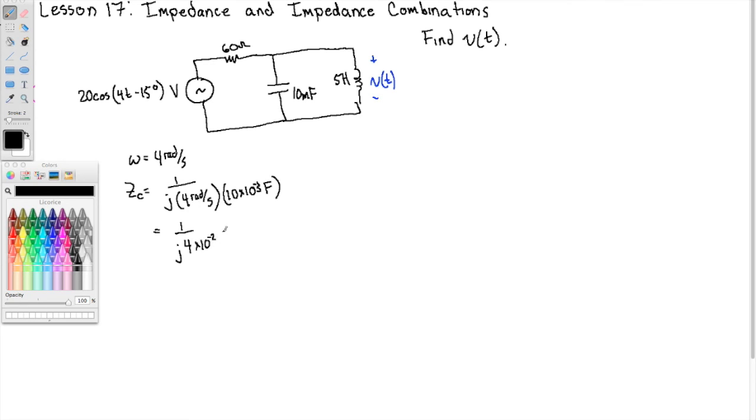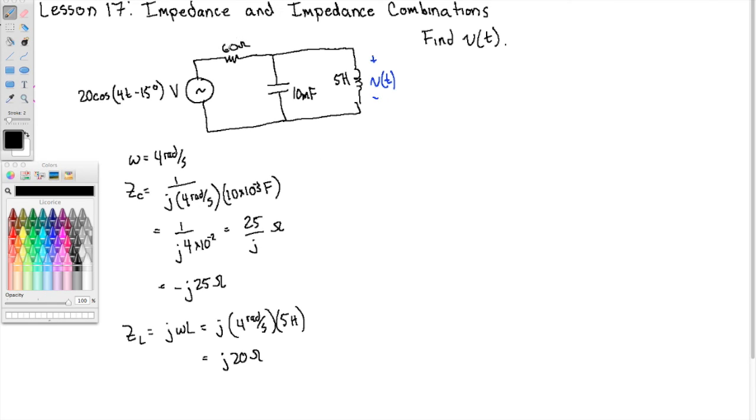So bring the 10 to the minus 2 up, makes 100. 1 over 4 is 0.25, so this is 25 over j ohms. And if we bring the j up, this is minus j25 ohms. The impedance of the inductor is j omega L. So this is j times 4 radians per second times 5 Henry. So this is j20 ohms.